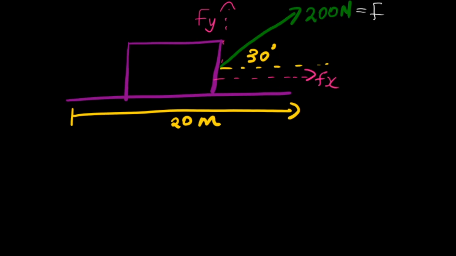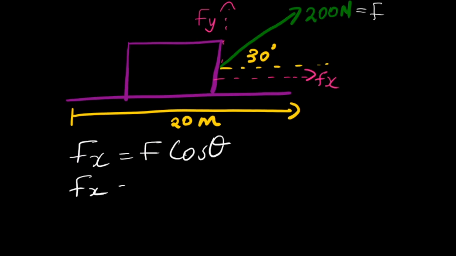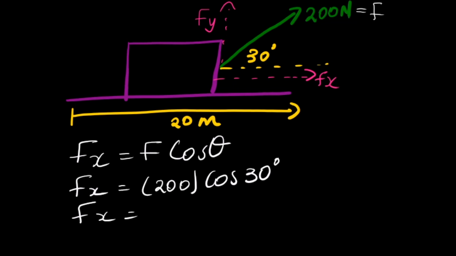Now the force which we are looking for, it's the horizontal component because it's the one which is parallel to the displacement. So before we can use our equation of work, we need to resolve. Oh no, it's cos theta. (30°). Now punching this on the calculator, our Fx is 173,21 newtons.